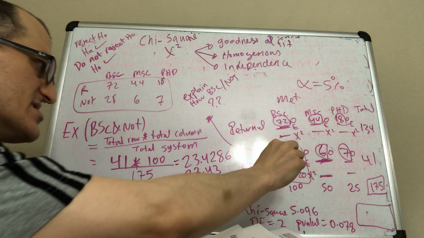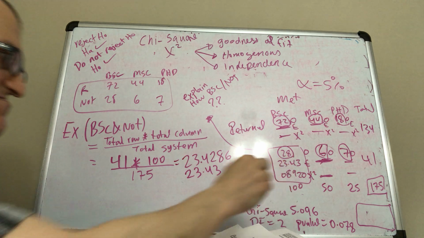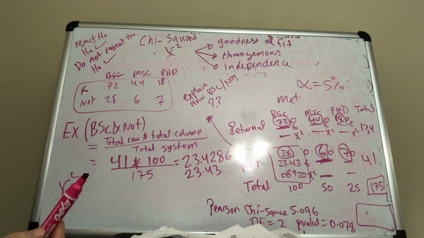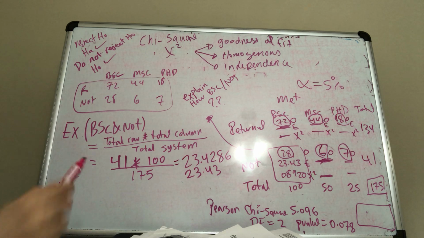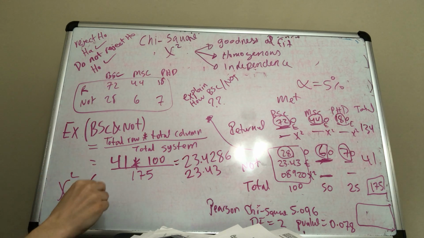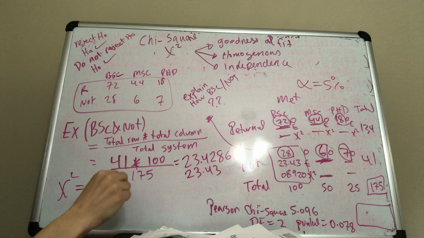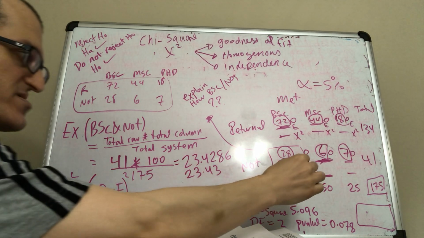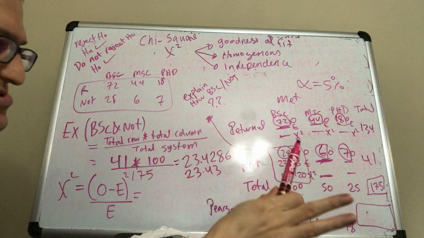Now, we did the expected. The chi number is similar to the chi number we did for the previous question. It's always O minus E, squared, over E. So it's always like this.